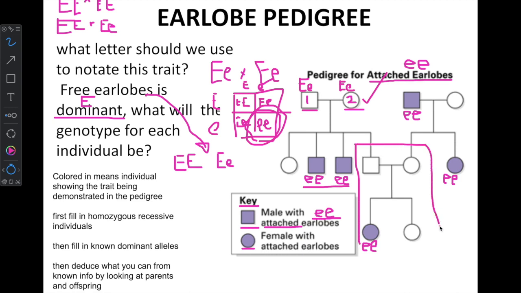When these children also create a recessive child, we can figure out those two children too, because they have a recessive child and they both have free earlobes. We know they also must be heterozygous, because that's what we just figured out in our previous marriage with children, and they're showing the same thing. Once you figure out the patterns, it can be easier to figure out the rest of the family tree.